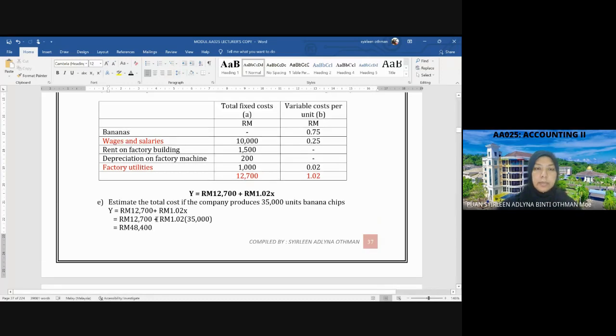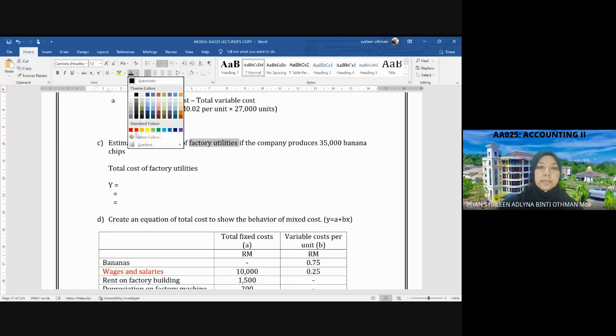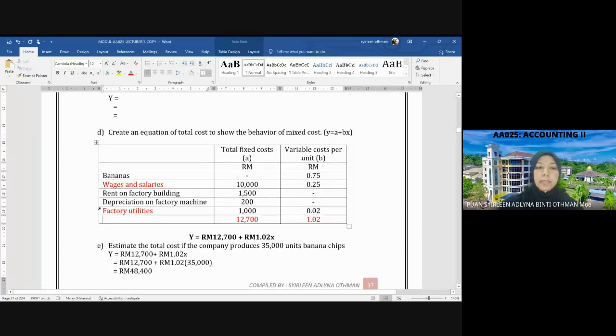Okay, so untuk C, yang ni ada beza dengan soalan E. Untuk C ni, dia suruh kamu estimate total cost, tapi untuk satu item saja, which is the factory utilities. Okay, so maksudnya, you ada 5 jenis cost tadi, tapi dia cuma nak fokus pada satu saja. So kalau dia fokus pada satu saja, dia buat benda yang sama macam kita buat dalam example 1 tadi.